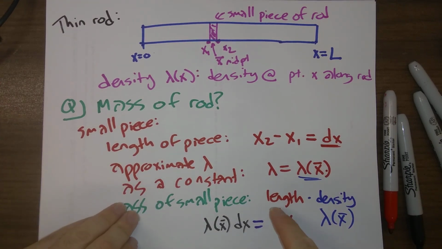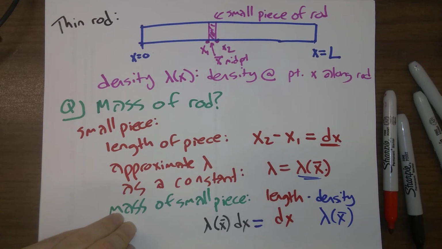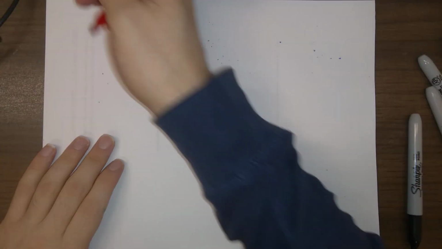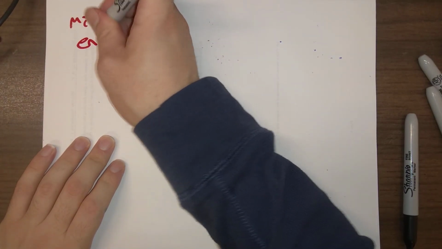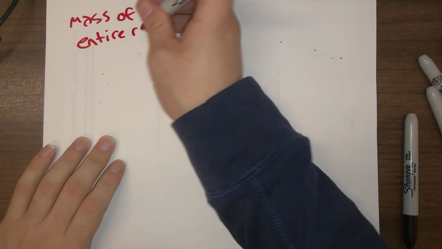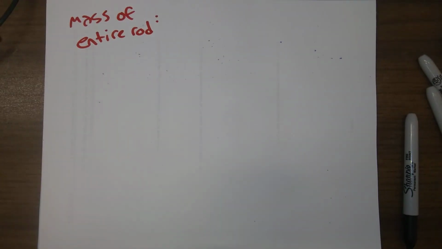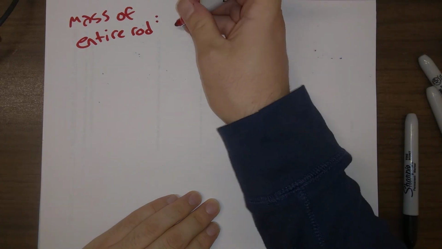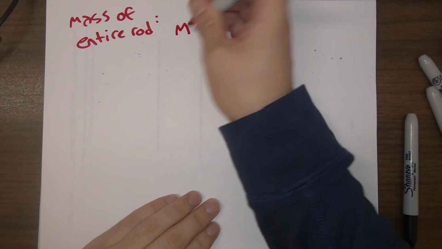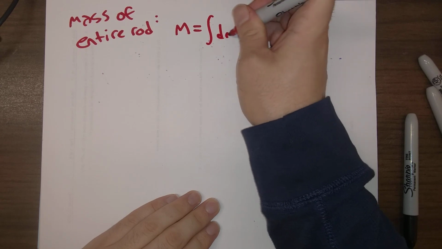To go from the mass of the small piece to the overall mass of the rod, what do we have to do? We have to add up all the masses of every single small piece that we broke it into. But that sum of all those small pieces, which we're thinking of as infinitesimally small, becomes an integral.